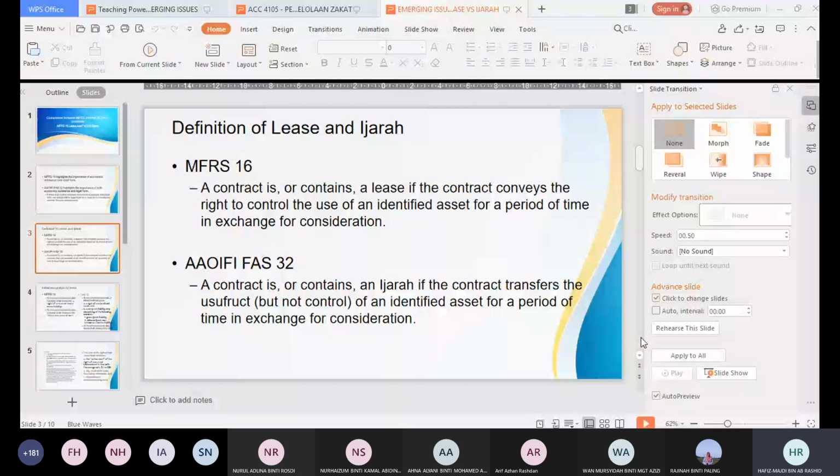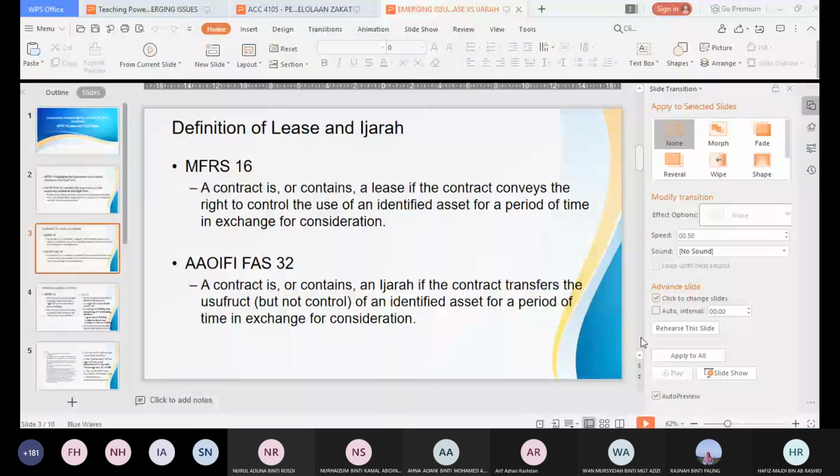They are only talking about the transfer of the usufruct, not control. But of course, when you focus more on financing a purchase of an asset, you are talking about the use of the word control. So that might be one slight difference in the definition of a lease in MFRS 16 and the definition of ijara in FAST 32.